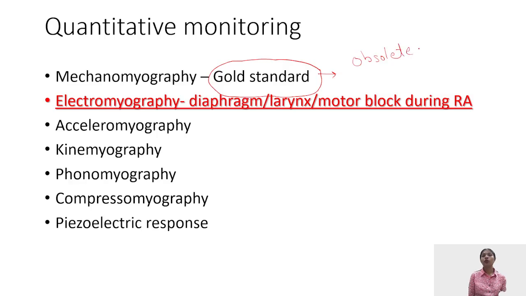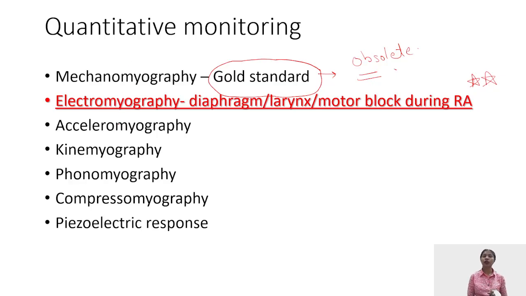The most useful nowadays is electromyography, which can judge not only the peripheral muscles but even your diaphragm, larynx, and also the motor block that is given after central neuraxial block or spinal anesthesia. That is the beauty of electromyography, which is the most used quantitative analysis these days.